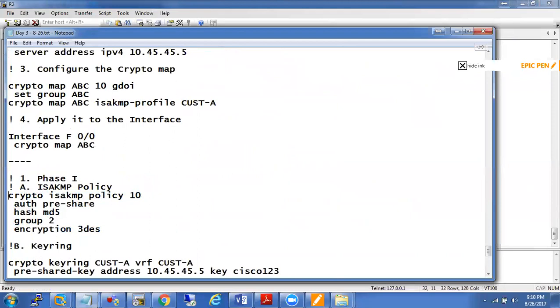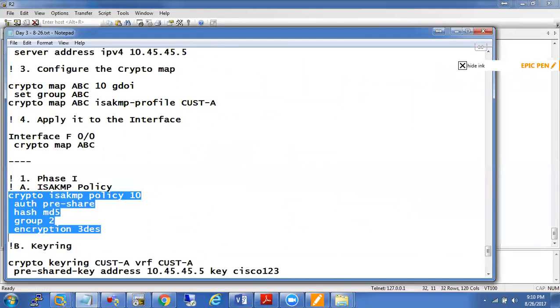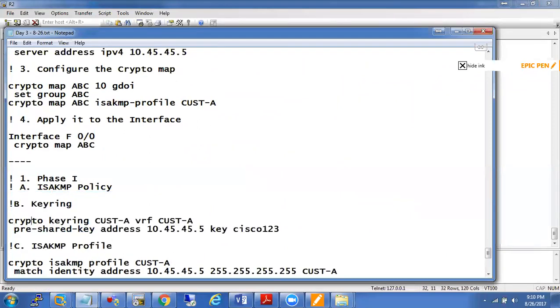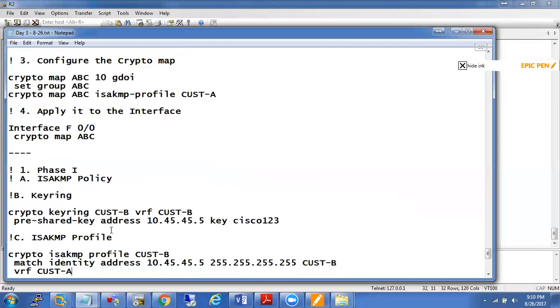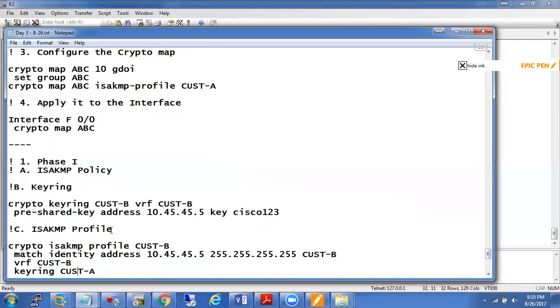So I don't need to do this part. If it was different, I would. This is cust B. Because I'm using the same key, I can keep it the same. The ISAKMP profile, I'll call it B. Point it to VRF B. Keyring is also called B.